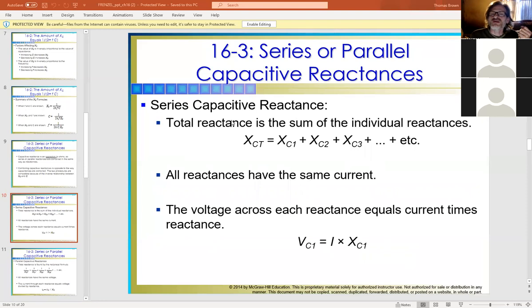Within a series capacitive reactive circuit, all reactances will have the same current, just like a series circuit does. And then of course, Ohm's law: the voltage across each reactance equals the current times the reactance. There's no variance there. It's still E is equal to I times R, but in this case, it's X of C.